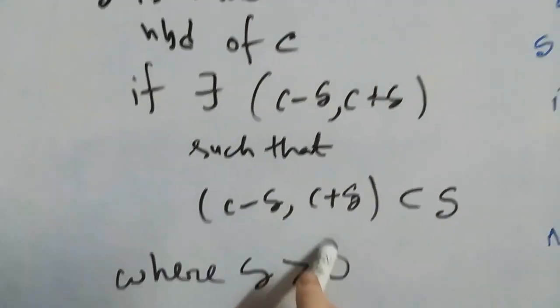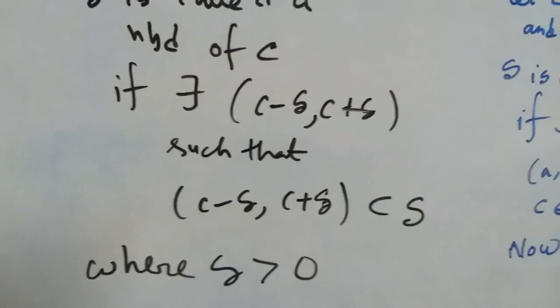If this condition is satisfied, then S is called a neighborhood of C.